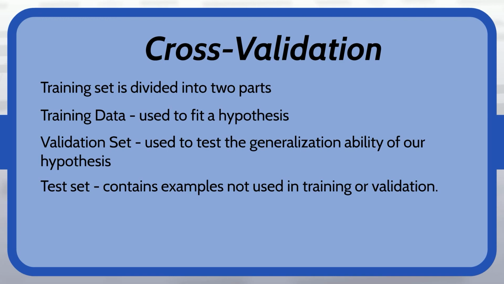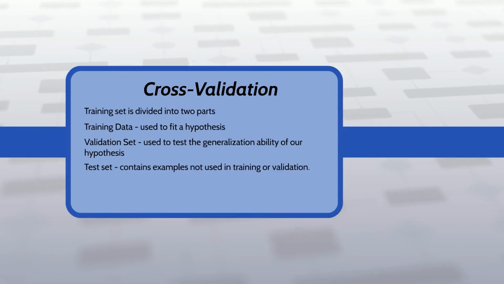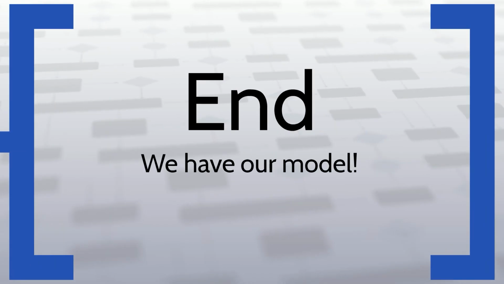So if you need to report error, you should divide the set into three parts: the training data to fit a hypothesis, the validation set to test generalization ability and make sure that we have picked the right hypothesis class, and then ultimately a test set to demonstrate the amount of error. So this is going to bring us to the end. We have our model once we've done this process.